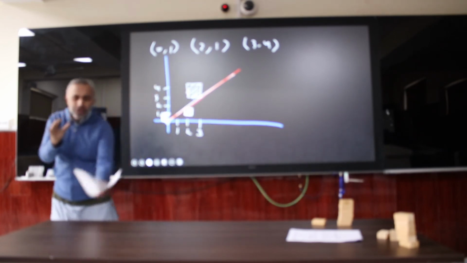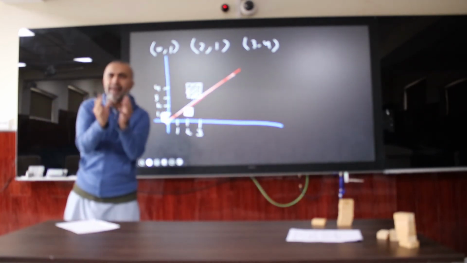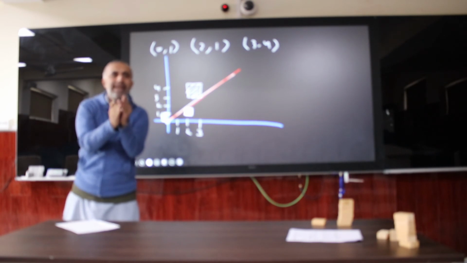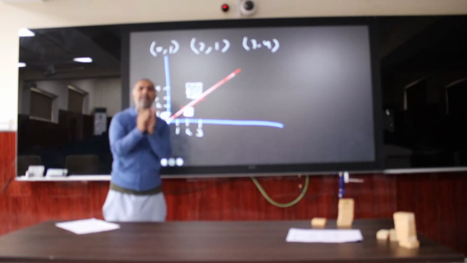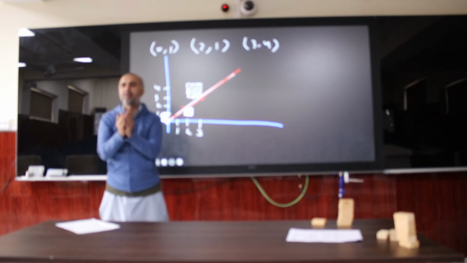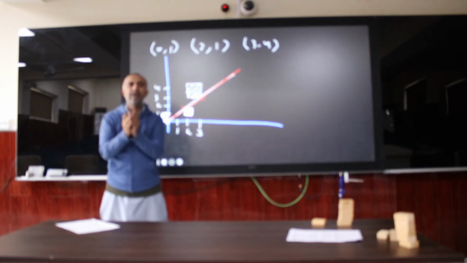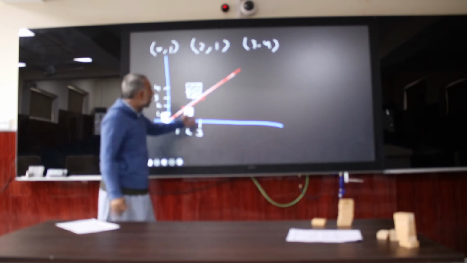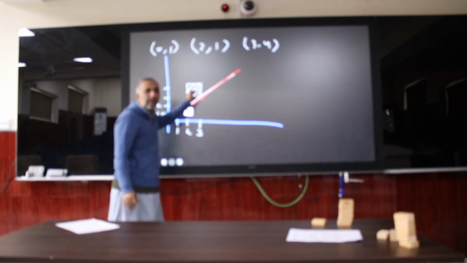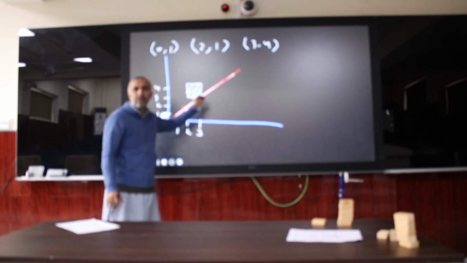Once you shrink the size of the scale in order to meet exactly at this line, then what will happen? The loss, the squared values will shrink. This square size will be lost. So, the loss function.